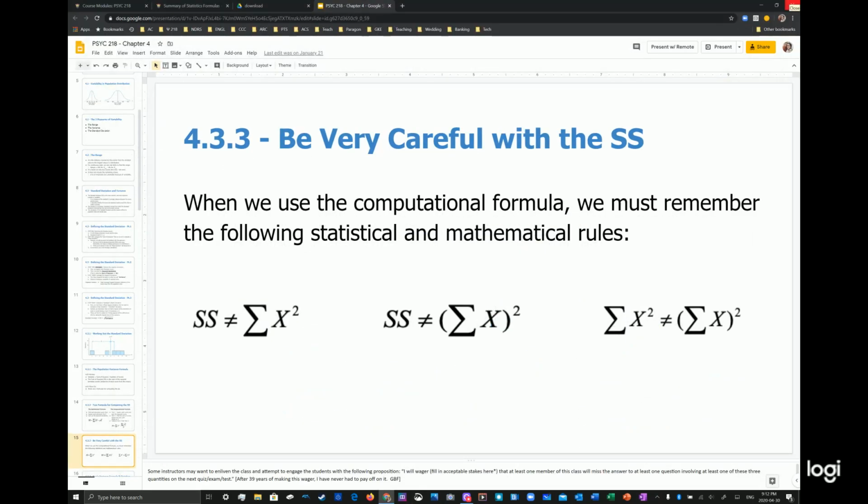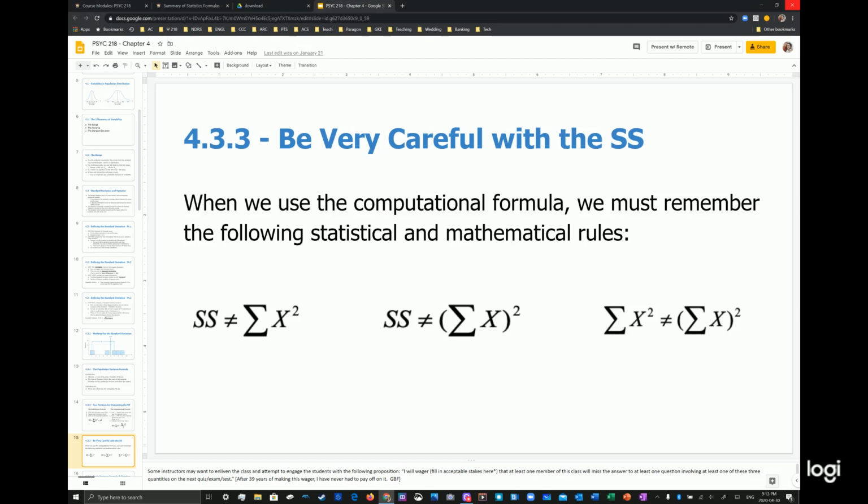So often what I've seen, this is a little tip, I guess, when I see students use the computational formula and only use the computational formula, especially later on in the course, which indicates that they've been struggling with this concept, they're likely to get it wrong. If I had 10 students doing that, 9 of them would get it wrong.